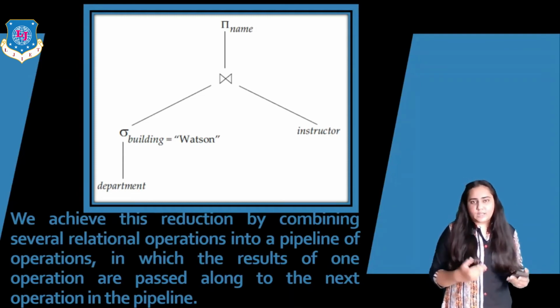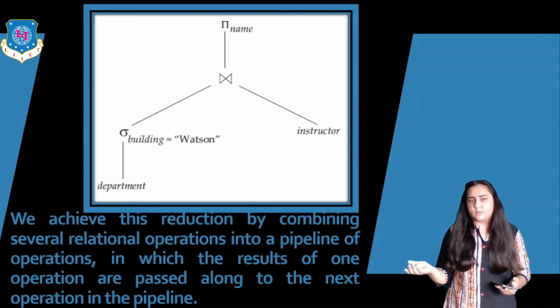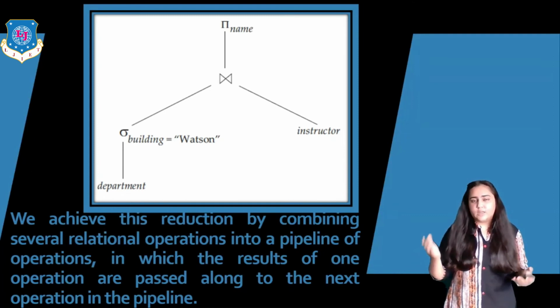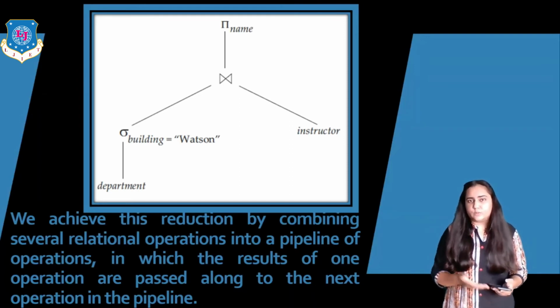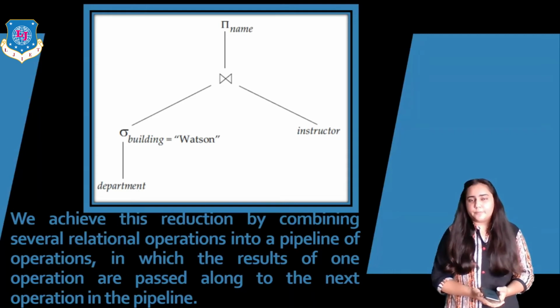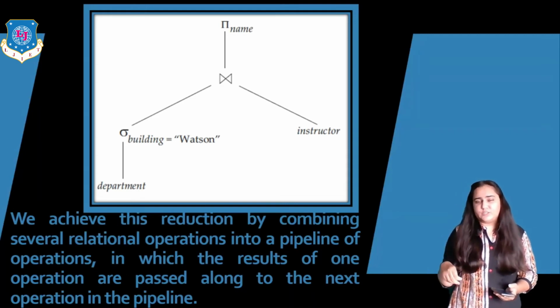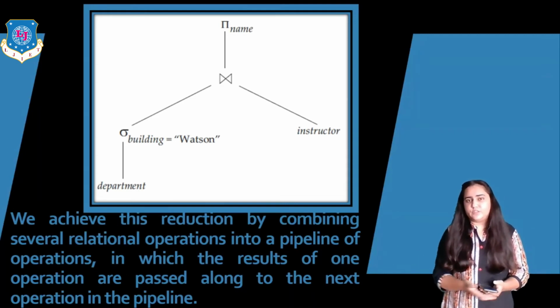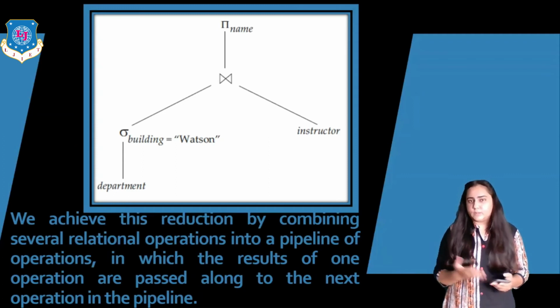Then you proceed to the next row of department and find out if that row is having the building Watson or not. And if it is present, then you just push that row upwards through the pipeline, and it passes through all the operations one by one. We are performing a natural join in this case, which means that row will get compared with all rows of instructor to find out if that row actually matches with something from the instructor table, because it's a natural join.